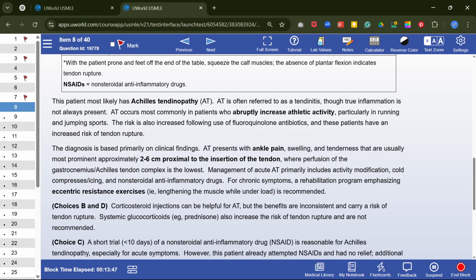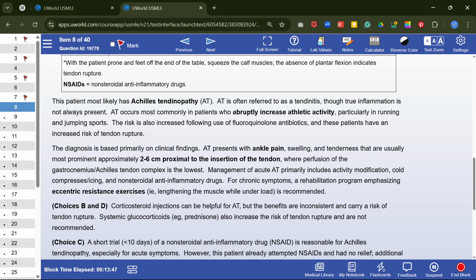The diagnosis is based primarily on clinical findings: ankle pain, swelling, and tenderness that are usually most prominent approximately 2 to 6 centimeters proximal to the insertion of the tendon, where perfusion of the gastrocnemius and Achilles tendon complex is the lowest.